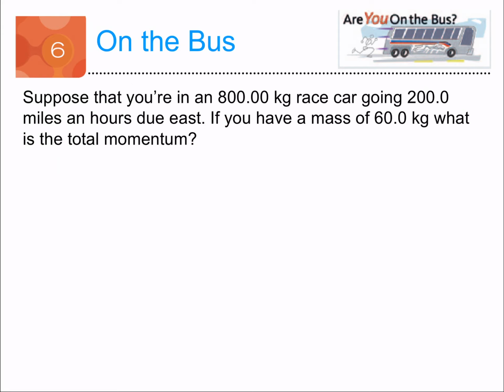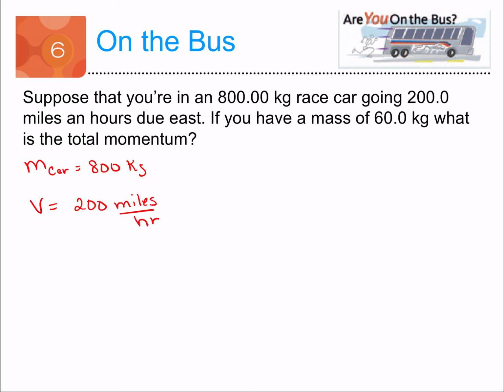Another problem we have is, suppose you're in an 800 kilogram race car. So let's say the mass of the car is 800 kilograms. You're going 200 miles per hour. So your velocity is 200 miles per hour.